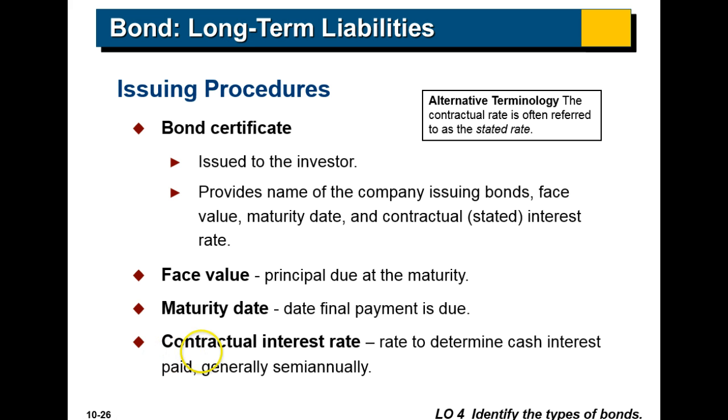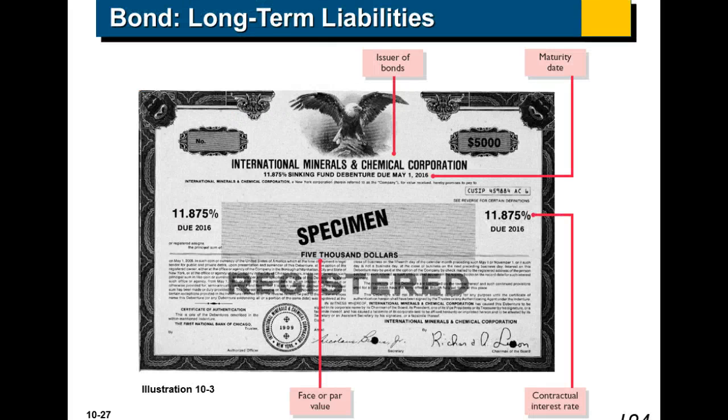The contract interest rate is going to be that interest rate that's shown on the bond, okay? So let's just say the stated interest rate is at 8%. The contractual interest rate paid semi-annually would be 4% each 6 months, okay? Real simple right there.